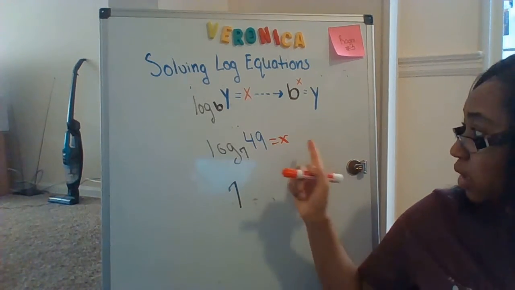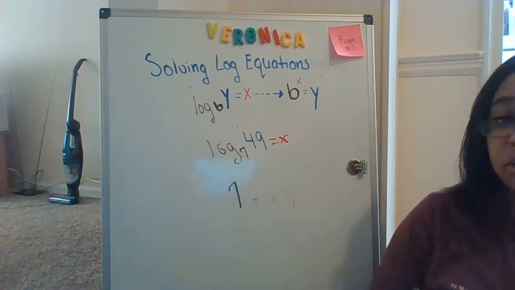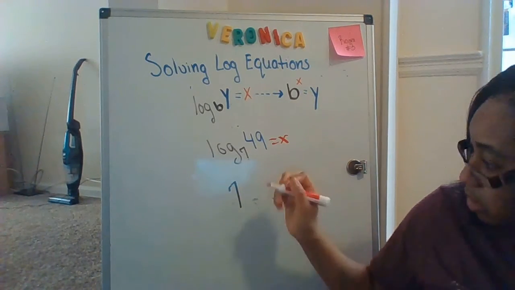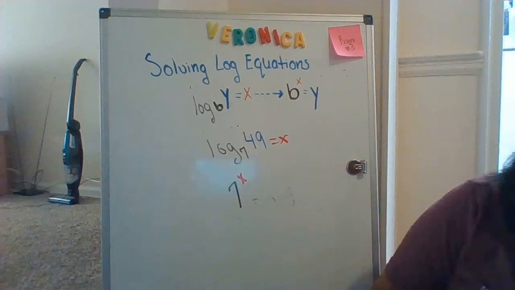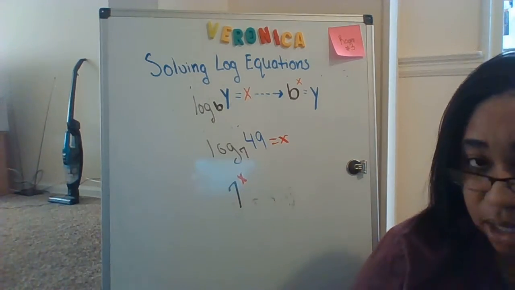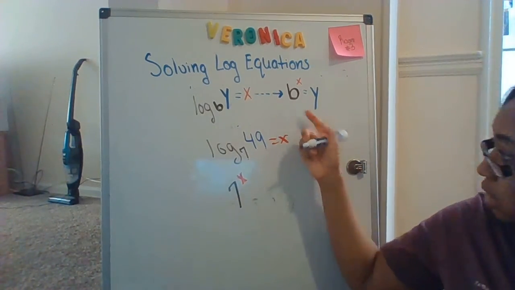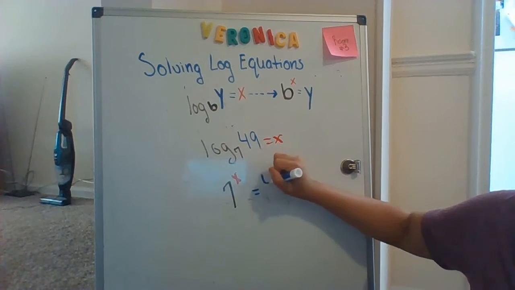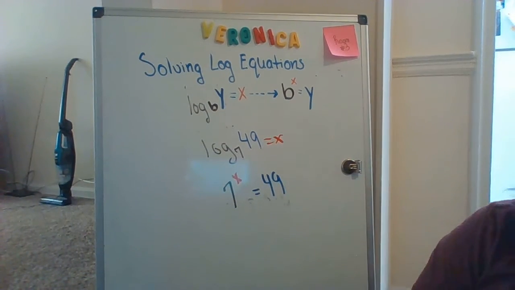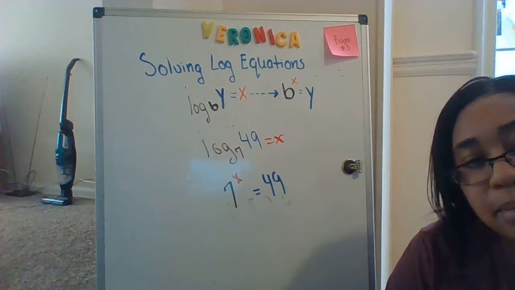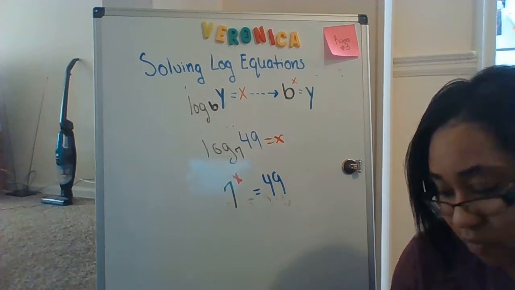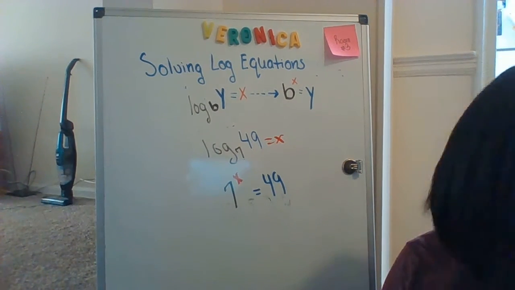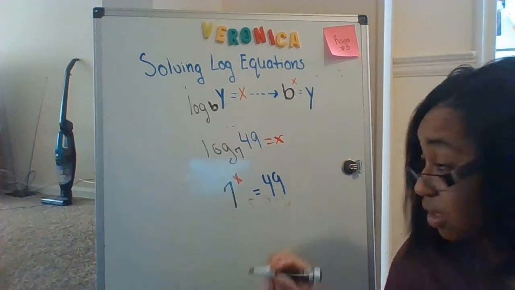My exponent is in red, so it's going to move up to my exponent spot, the x, and then I want to put equals my output, which is in blue, so equals 49. Then you think to yourself, okay, how many times do I have to multiply 7 in order to get 49? And hopefully that leads you to the wonderful discovery.